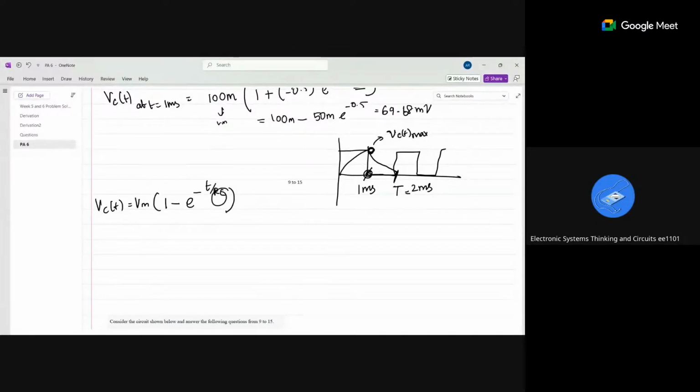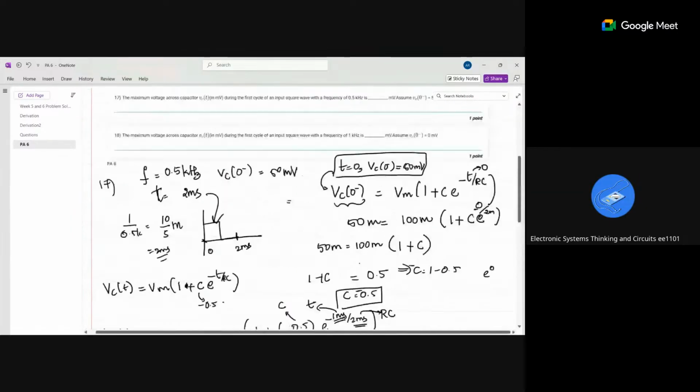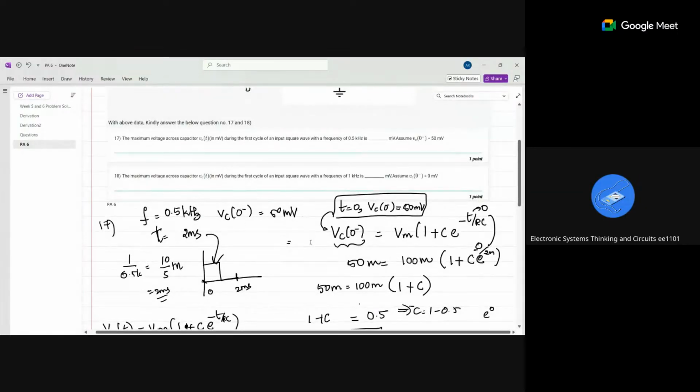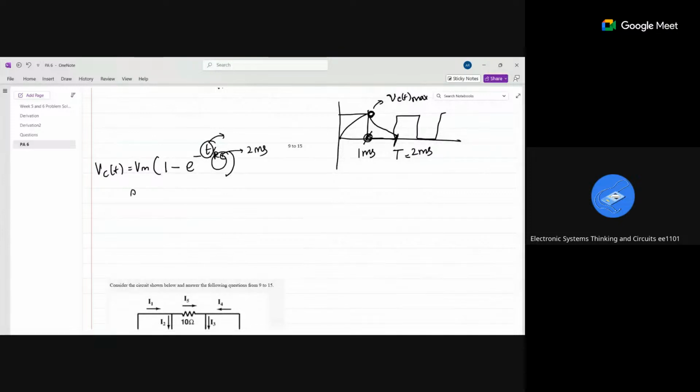Here RC is 2 millisecond. To find my t, they have given the frequency, which is 1 kilohertz. So time is equal to 1 millisecond, right?